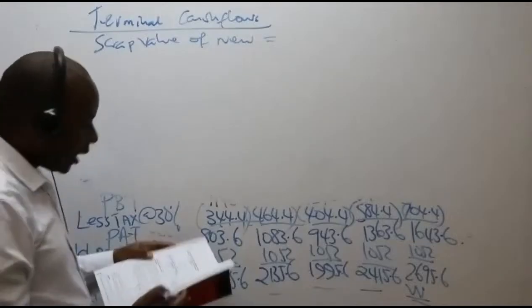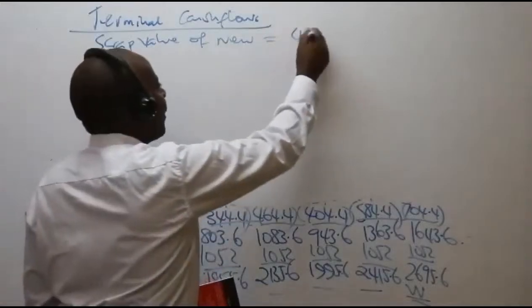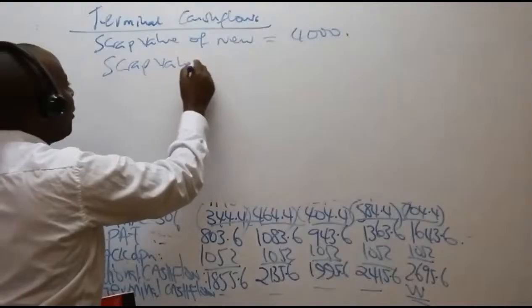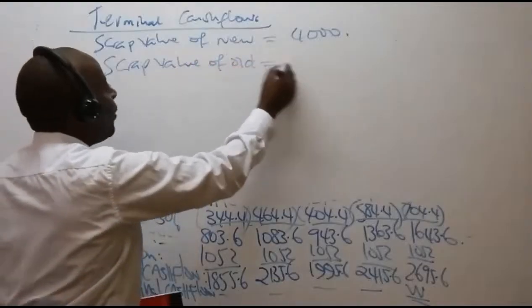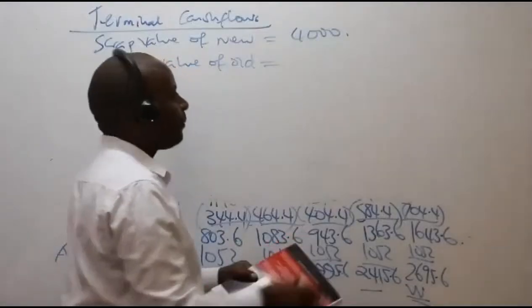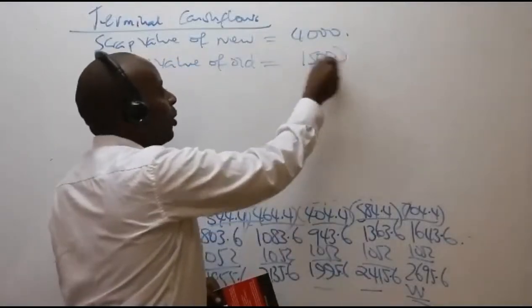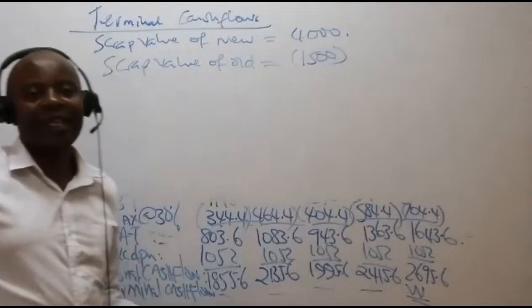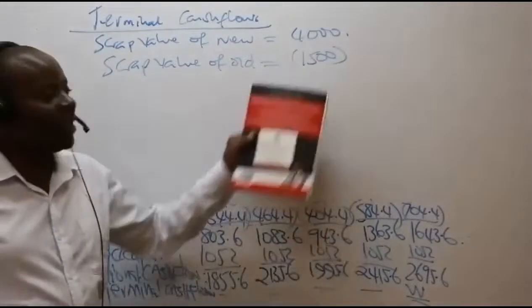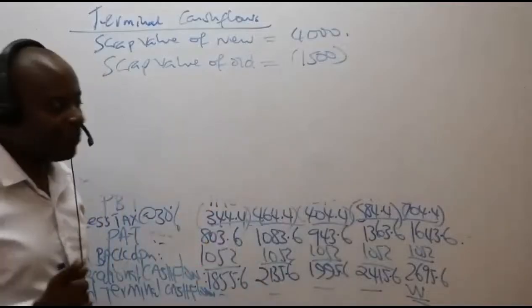They gave me this figure somewhere: 4,000. And then we have the scrap value of old, which they gave me somewhere as 1,500. Remember, old is an opportunity cost. I'll lose that. If I make a replacement decision today, I will lose this money. So I'm capturing it in brackets.